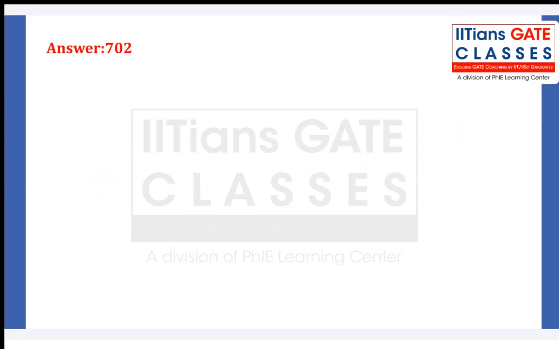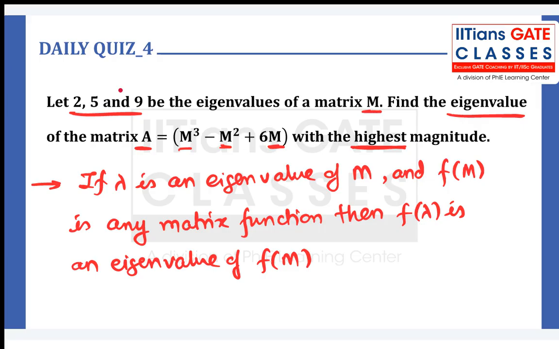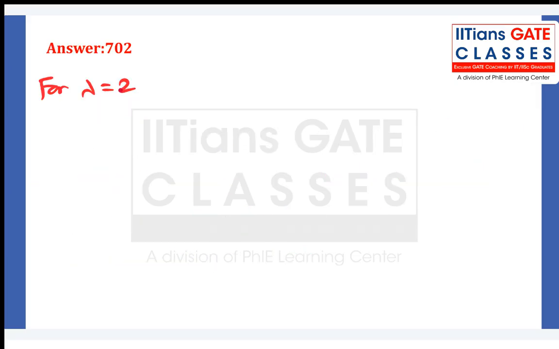What do I mean by that? Let's consider one eigenvalue. For lambda equal to 2, which is one of the eigenvalues of matrix M, the corresponding eigenvalue of matrix A is obtained by applying the same function.